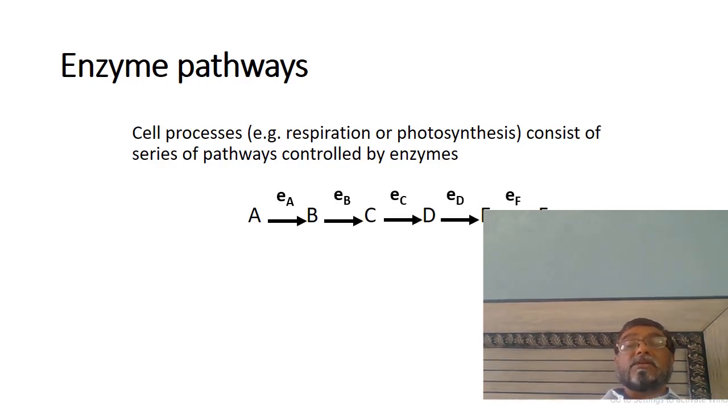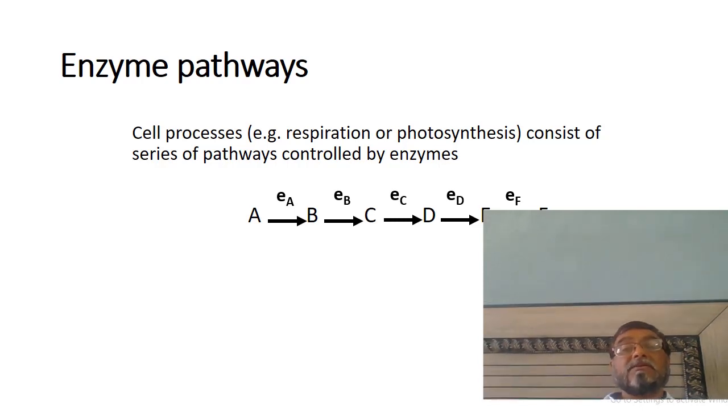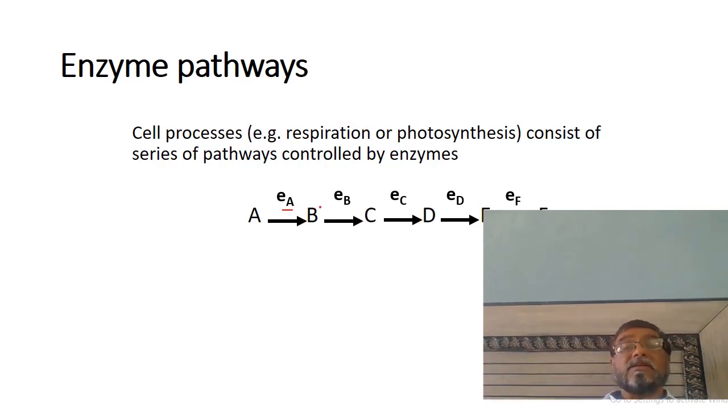So look at this one again. The feedback that shows the feedback inhibition process, different kinds of enzymes you can see here. These are the enzymes: first enzyme, second enzyme, third enzyme. So these are catalyzed.